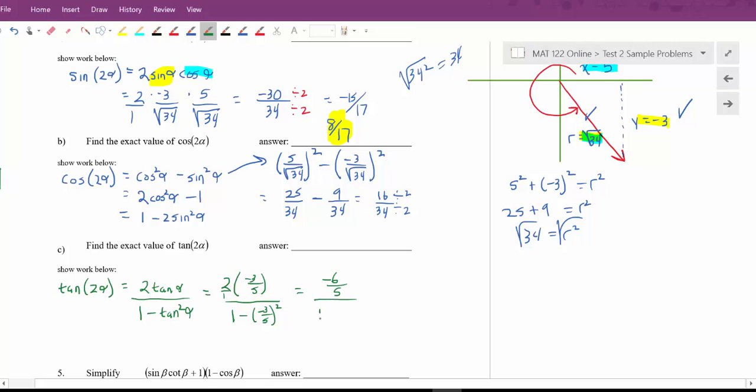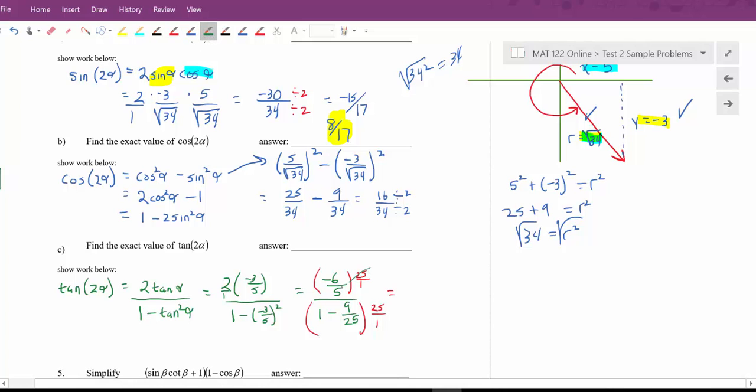And then the denominator is going to be 1 minus 9 over 25. And what I would do, this is a complex fraction. The common denominator of 25 and 5 is 25. So I'm going to multiply the numerator by 25, and I'm going to do exactly the same thing to the denominator, and then just work out the details.